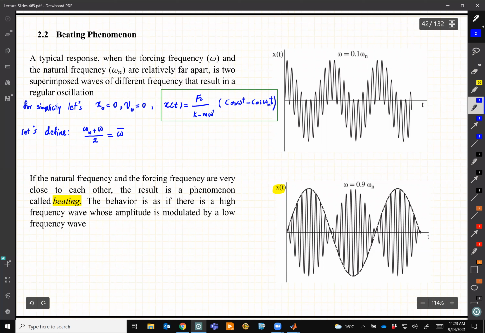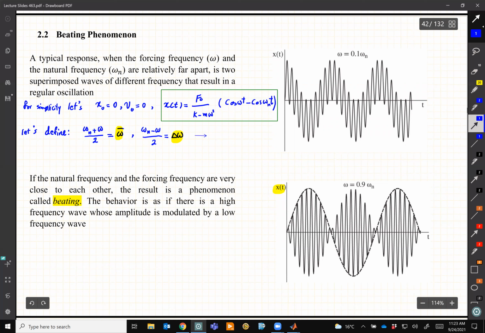Let's call it omega bar, or omega average. Let's show it by omega bar. And let's define omega n minus omega divided by 2. Let's call this one delta omega. This is what we define. We define omega bar as the average and delta omega as the difference divided by 2.